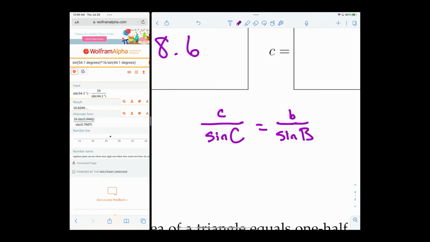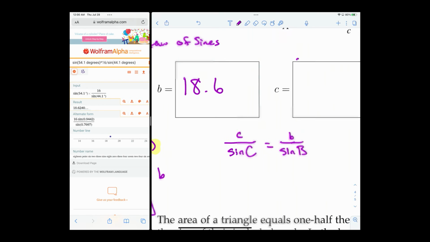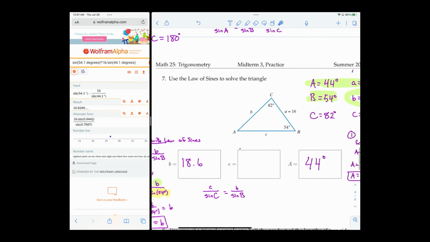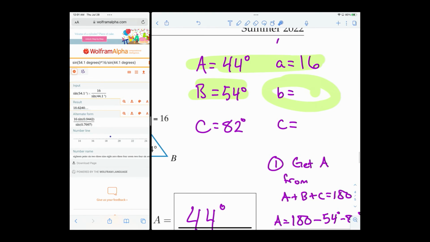The reason I don't want this is because if I use this formula, I'm going to be plugging in 18.6 for my B. But where did the 18.6 come from? I calculated it, right? That means this could be wrong. If I did a bad job, this could be wrong. So I would rather not use the B because the B was from me.